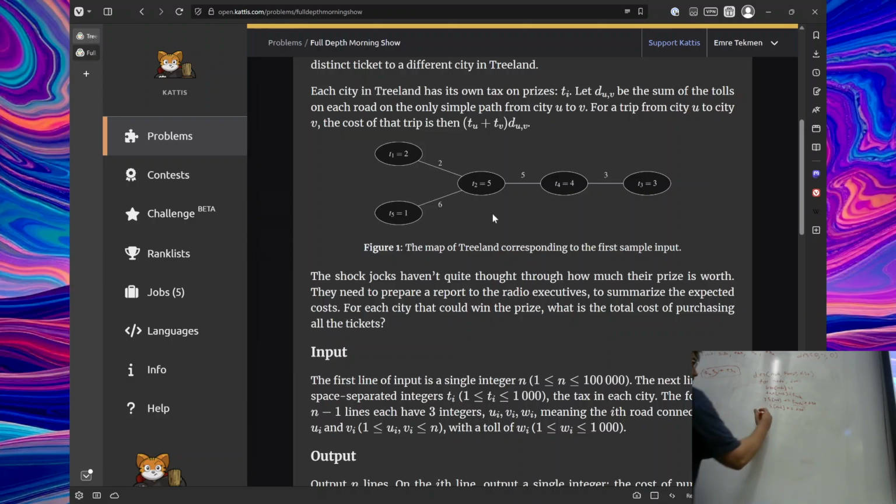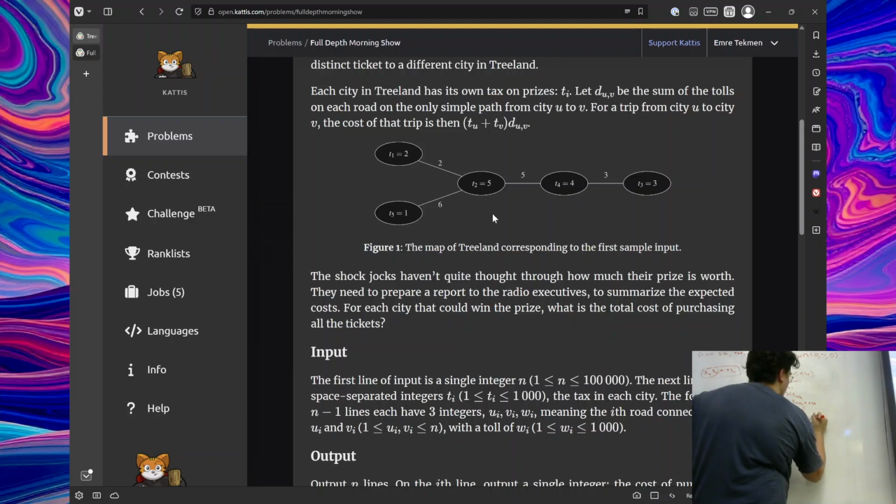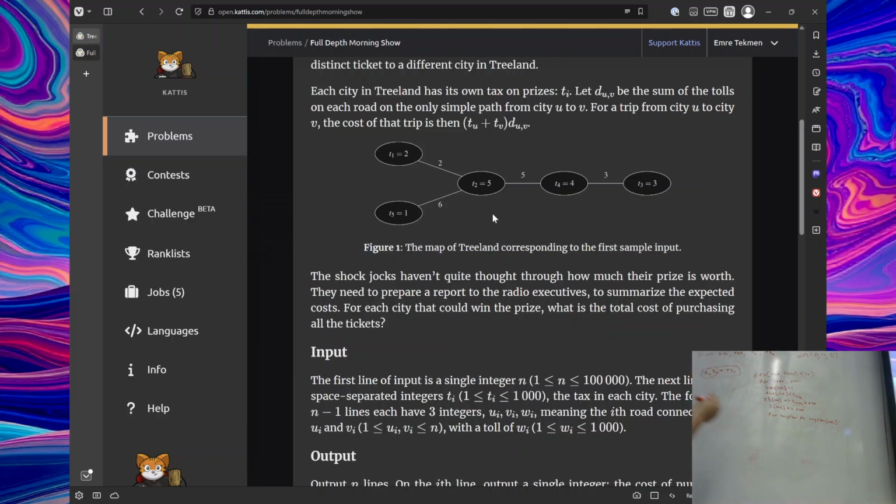Now here's the recursion. So we'll do for neighbor in neighbors of the node.